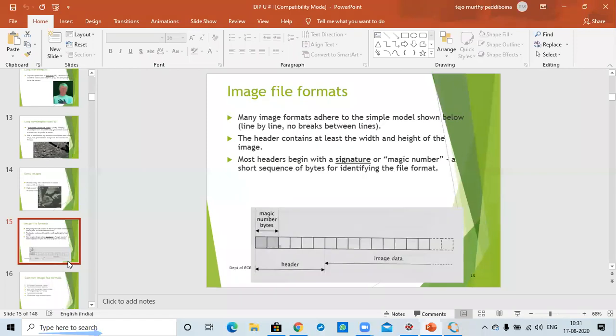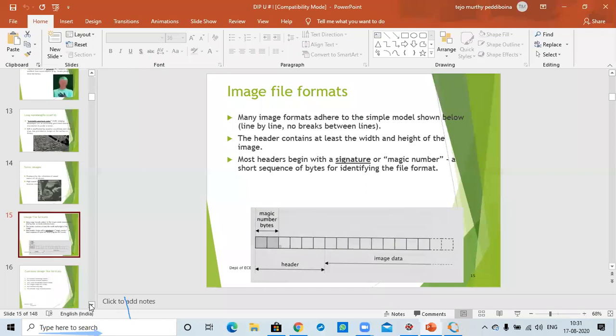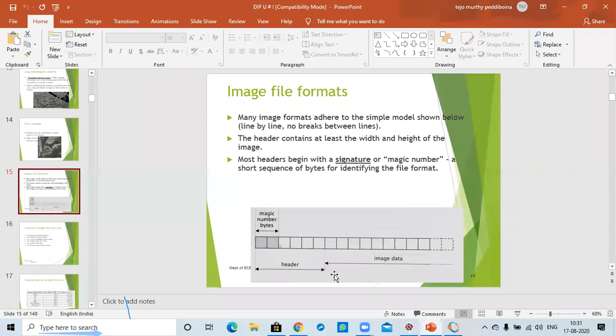So as image file format is similar to the other signal processing format only. You have a header will be there, and image data will be there. Some encryptions are required. Some decoding is also there. So parity bits may be there. So that means it does not contain only the image data, and it contains some parity bits, and some header information will be there, some address, correction, all these things are there.